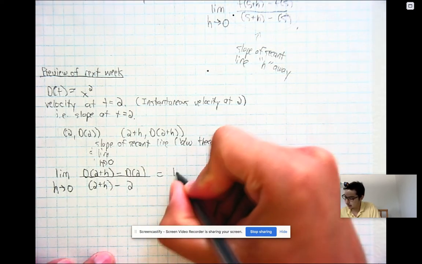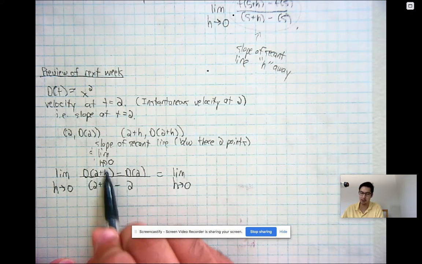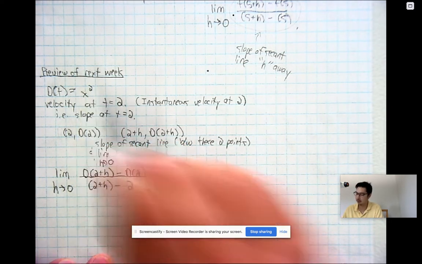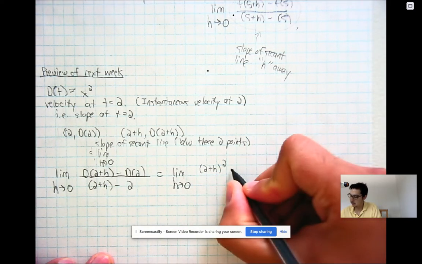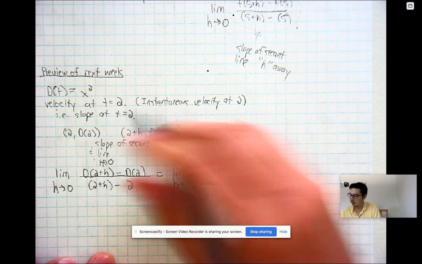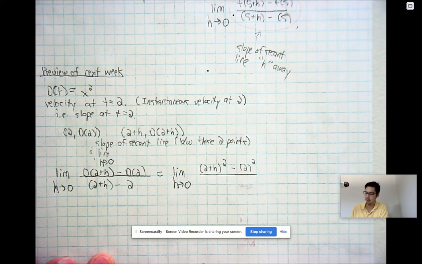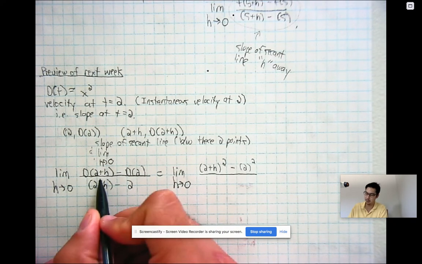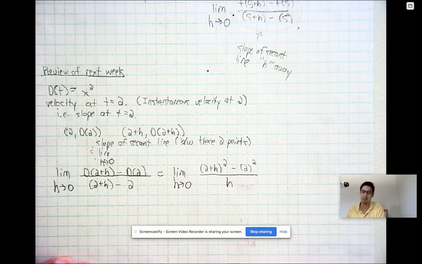What's d of 2 plus h? We just take 2 plus h and plug it into the function. So that's 2 plus h squared minus d of 2, which is just 2 squared, over. When we do 2 plus h minus 2, the 2 and the minus 2 always cancel out, so we're always just left with h on the bottom.